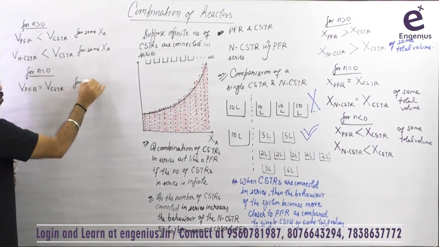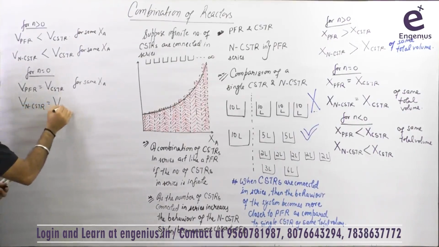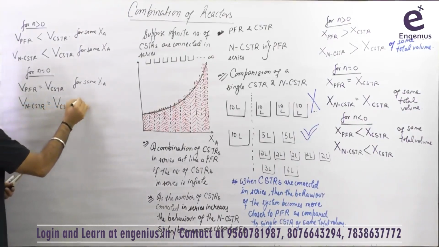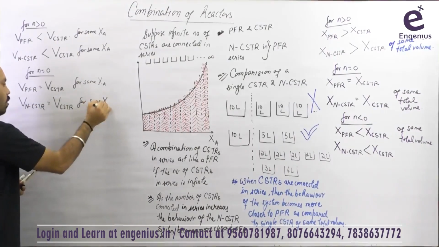Fine. So same goes with the NCSTR connected in series. It means that the total volume of NCSTR connected in series is equal to the volume required for a single CSTR for same conversion if order of the reaction is equal to 0.